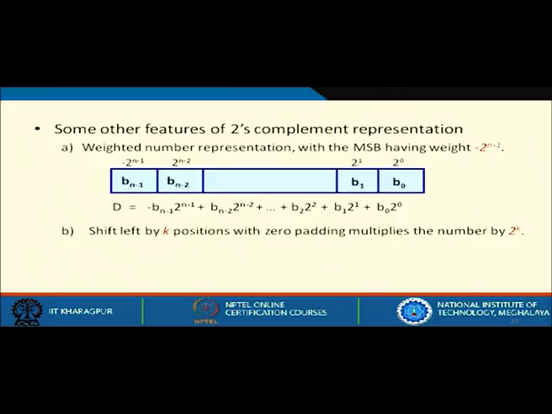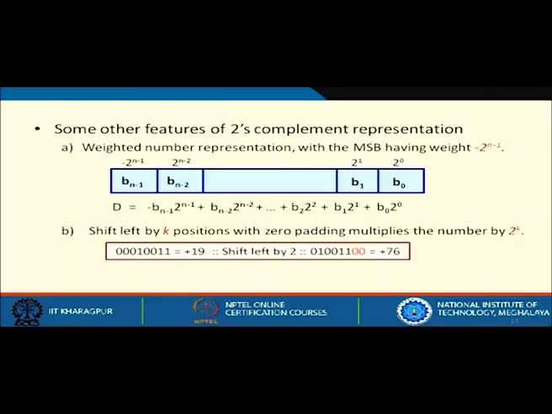Now, what happens if we shift left by k positions with 0 padding? We are shifting left with 0 padding. It multiplies the number by 2 to the power k. Let us take an example where this is the number.